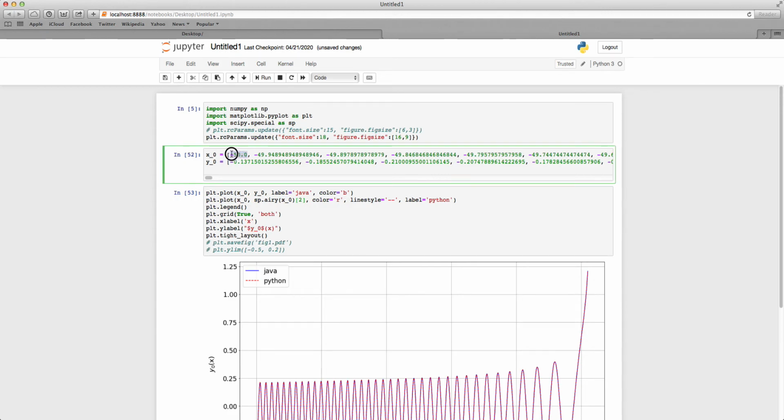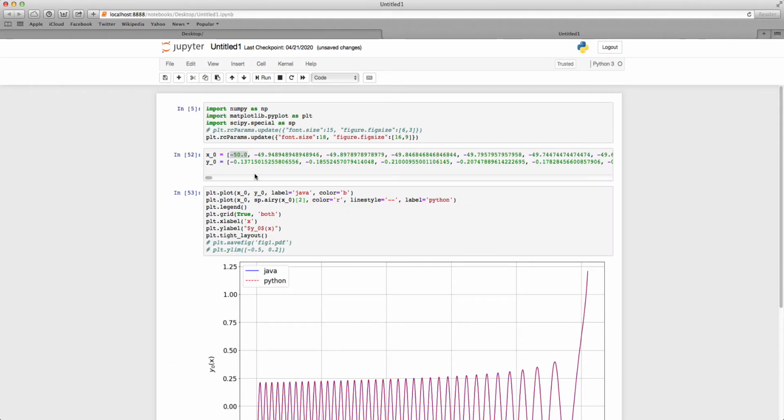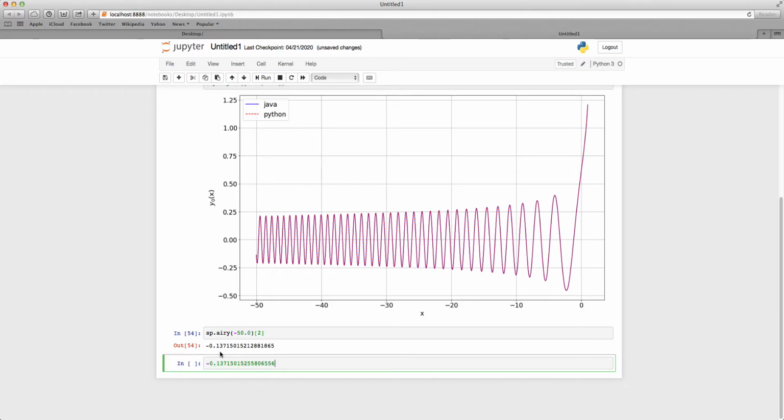And let's see what we get at minus 50. So here this is 2, and let's see what value our Java implementation has. 13, 71, 50, 15, 20. So we get about 9 decimal places of accuracy, which is very good, very accurate.